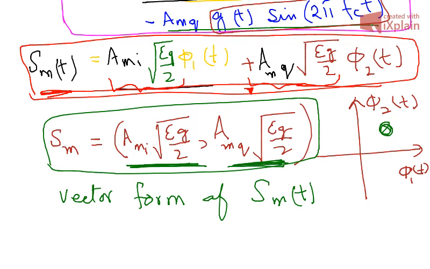That is why we say that the image of Sm of t over the psi 1 axis is represented by this coordinate, AMI.